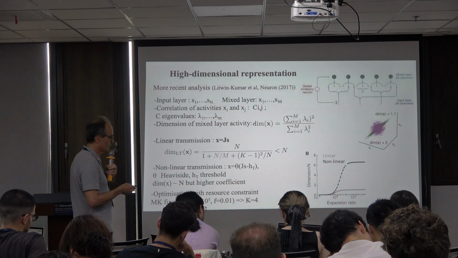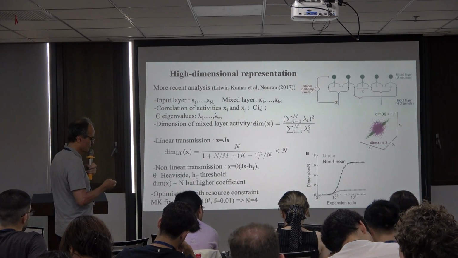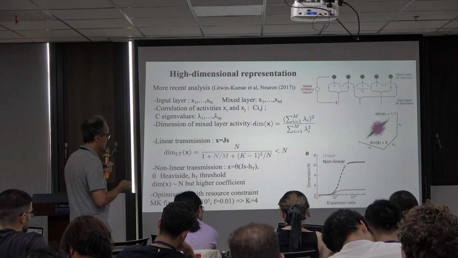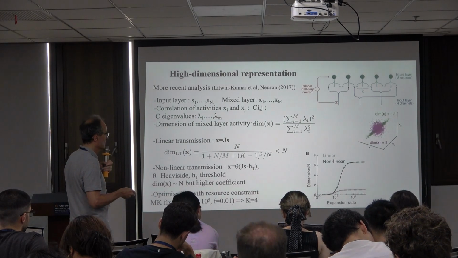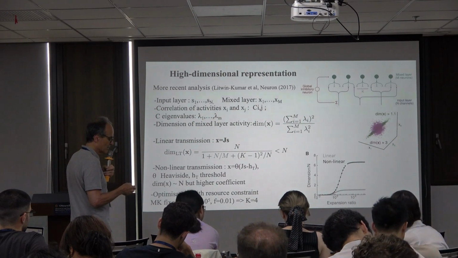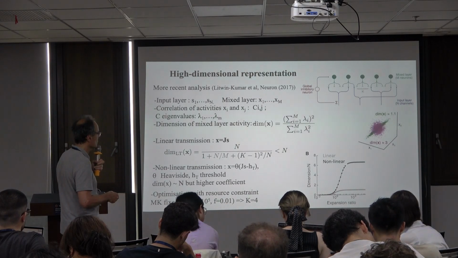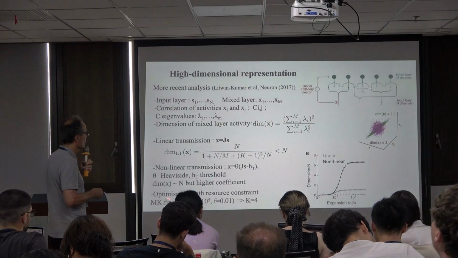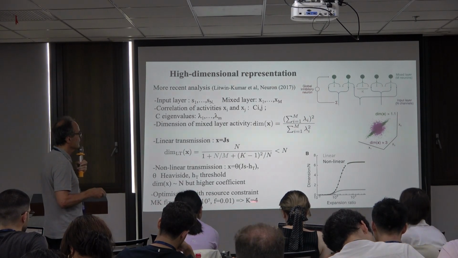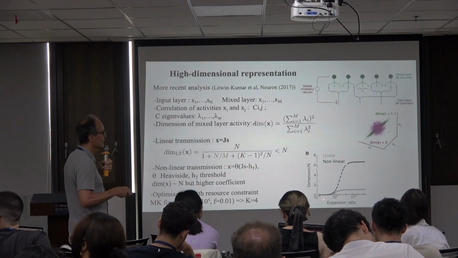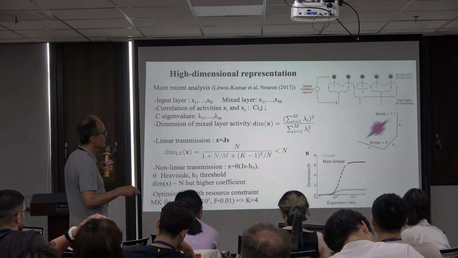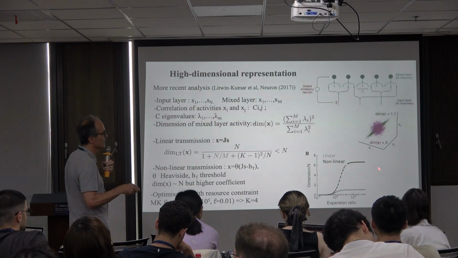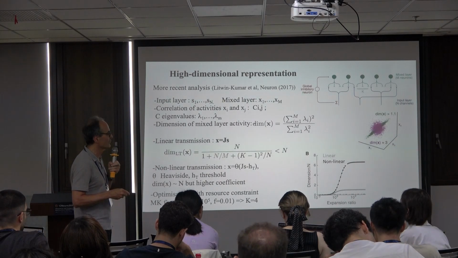So instead of just doing that, they would optimize what you get as a dimension with some resource constraint, and the resource constraint they chose is just the total number of synapses. And if you do that, there is a graph that I didn't show here, as a function of K, you get something that peaks around K equals 4.